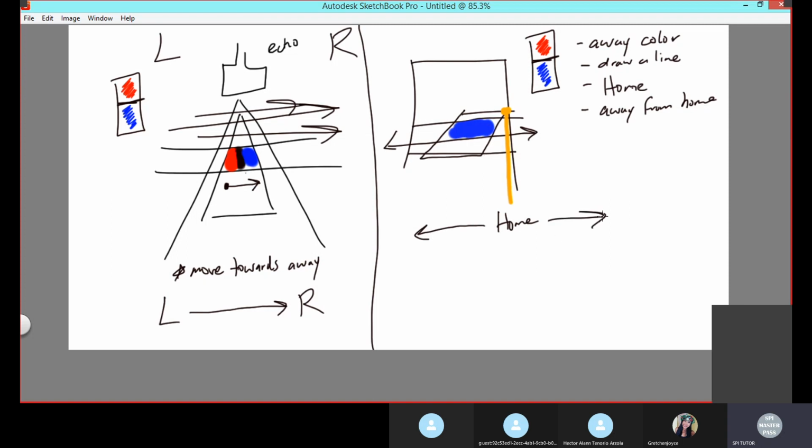You don't move this way. You move in the same direction the color is showing, but you move away from home. That's why it's the away color. And again, it's different than the echo one, which is you move towards the away color, but you start at the towards color. It's a little bit different. So you move away from home.